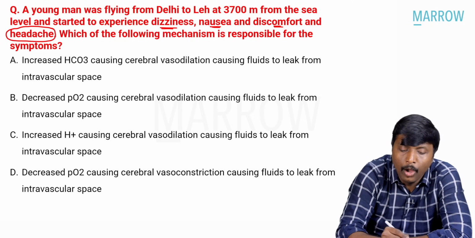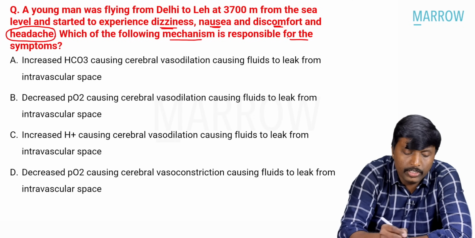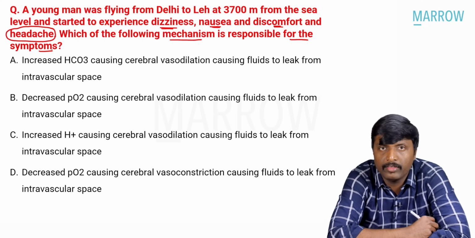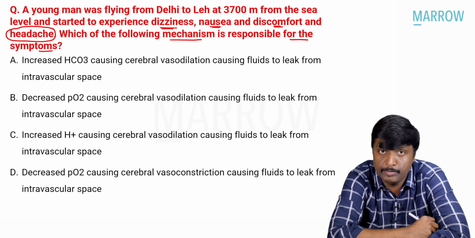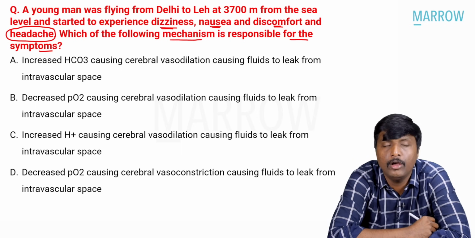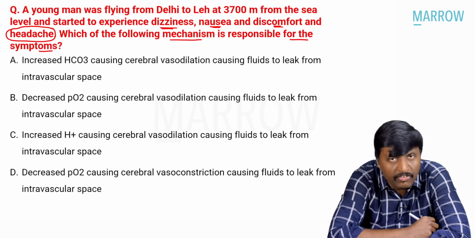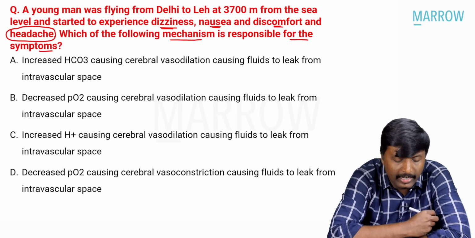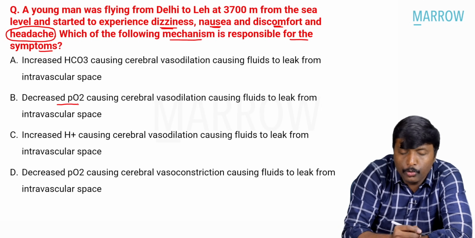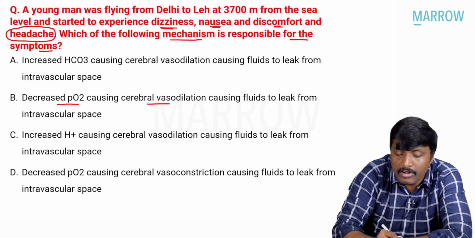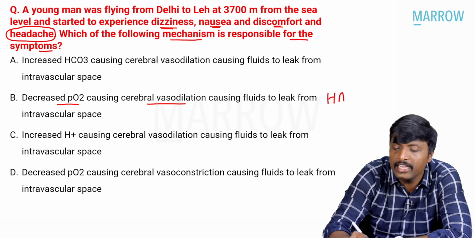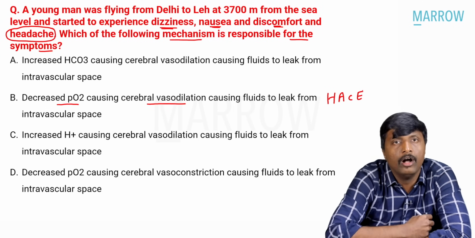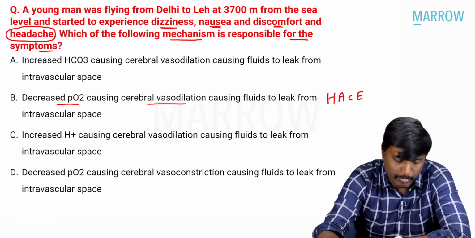Which of the following mechanisms is responsible for the symptoms? Anything to do with bicarbonate, H plus ions, oxygen? Definitely something to do with decreased PO2 causing cerebral vasodilation, leading to something called high altitude cerebral edema. So the answer should be option B.